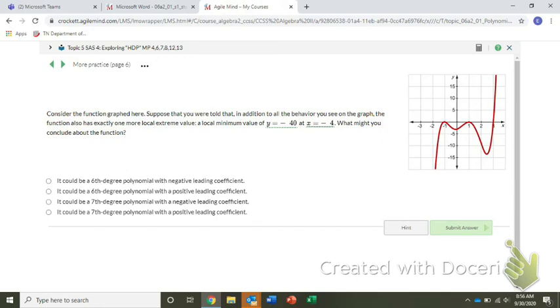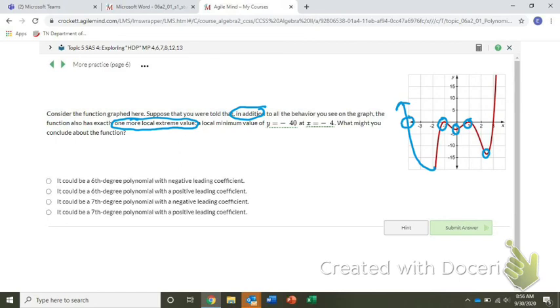So, keywords here are in addition, and you have 1 more local extreme value. So here's 1, 2, 3, and 4. So on my graph, I have a total of 4. But it tells me, in addition, I have 1 more that sits at -4.